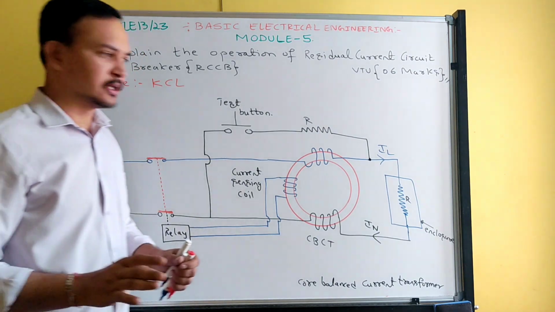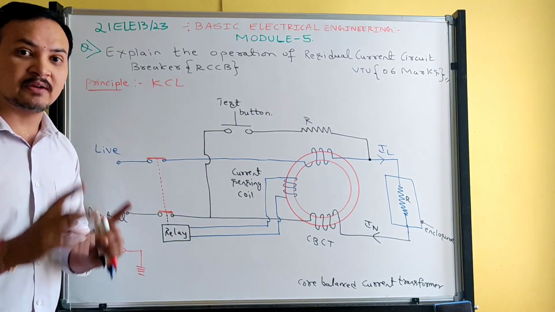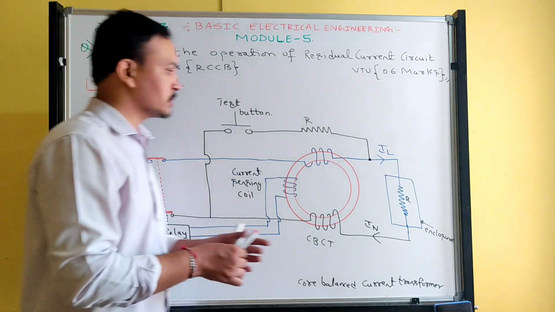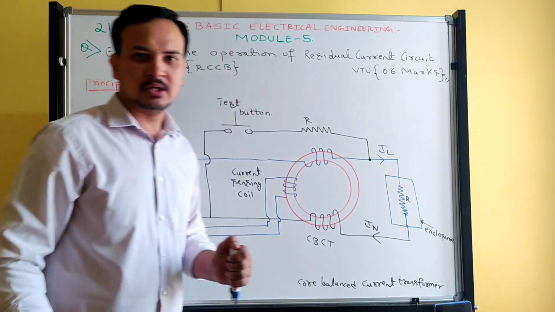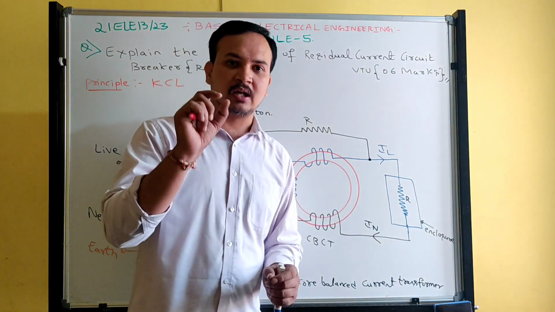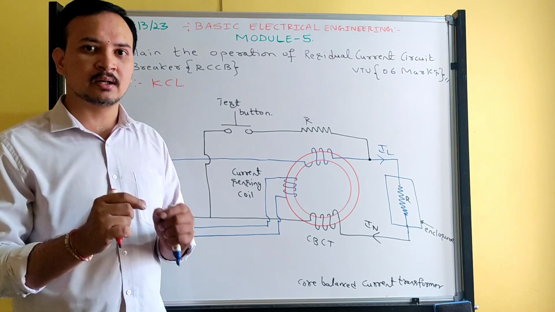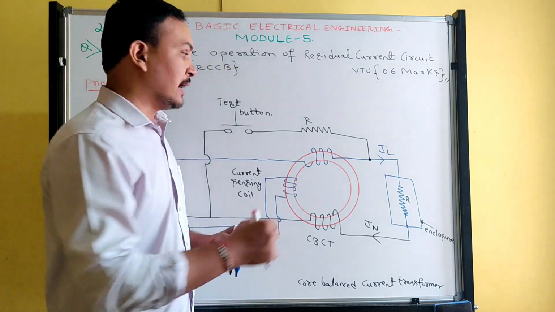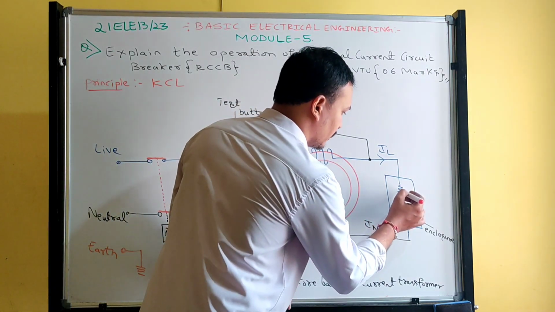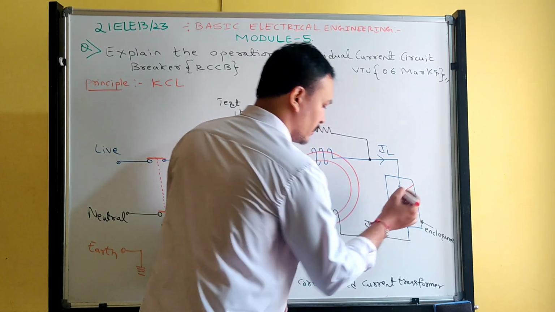Let me consider the condition that creates a difference in the current. Suppose the machine is working under normal condition. Unknowingly, some terminals or wires, the winding conductor carrying current, touches the enclosure inside the machine.